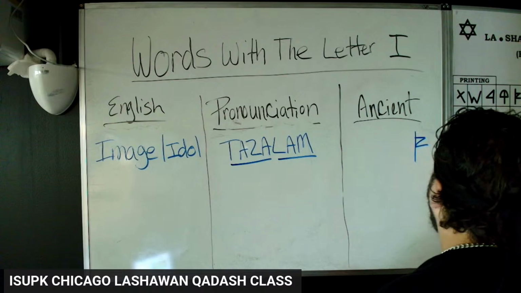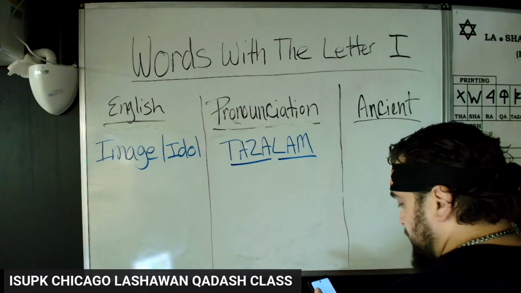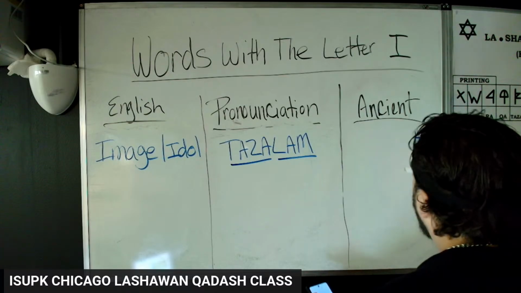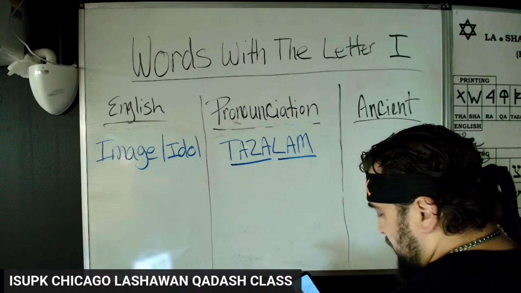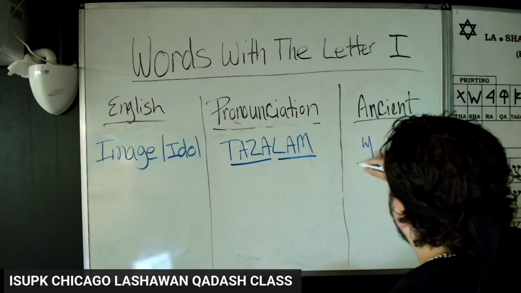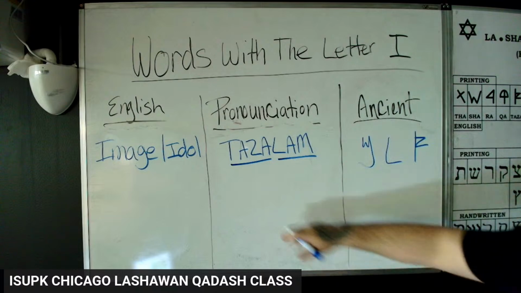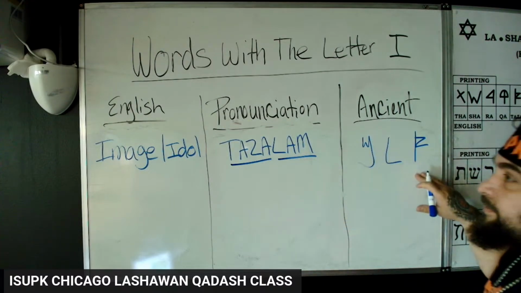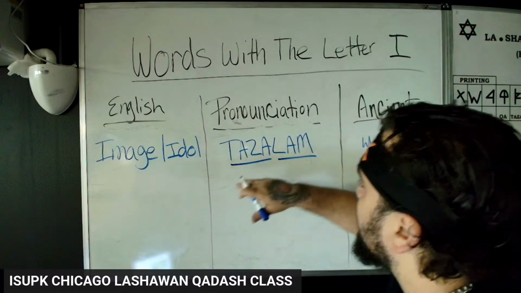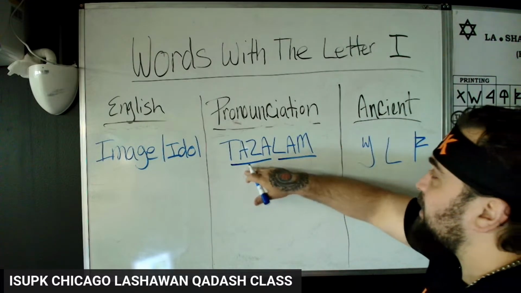Boom. All right. Taza, right? This is written from left to right, and over here we're going to do it right to left. So image or idol in English is pronounced in the ancient Hebrew, Taza Lam.